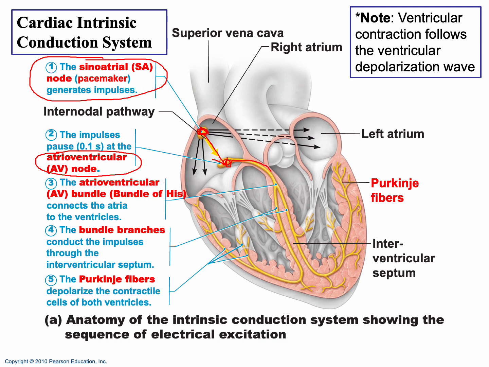The signal then will make its way to the bundle of His, kind of at the top here of the interventricular septum wall. The electrical signal then will make its way down the bundle branches, which go through the myocardium of the interventricular septum. And then the electrical signal continues on through the Purkinje fibers, which are found in the myocardium of the actual ventricles, and hence a heart contraction will occur.